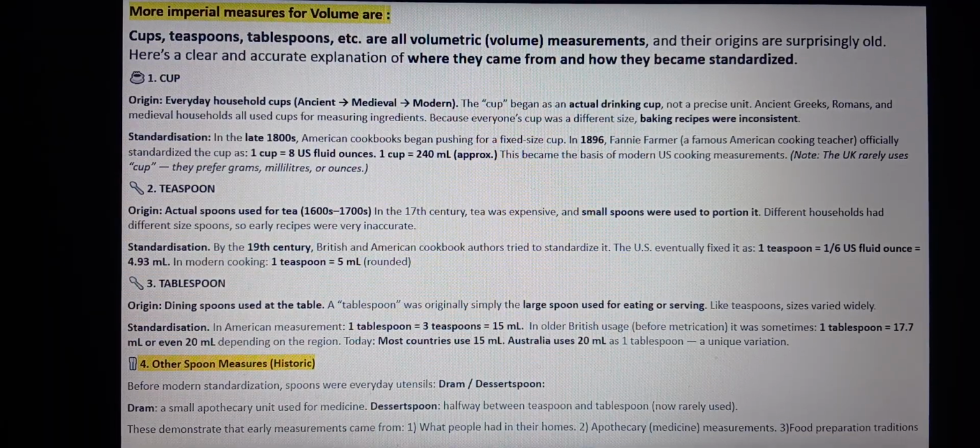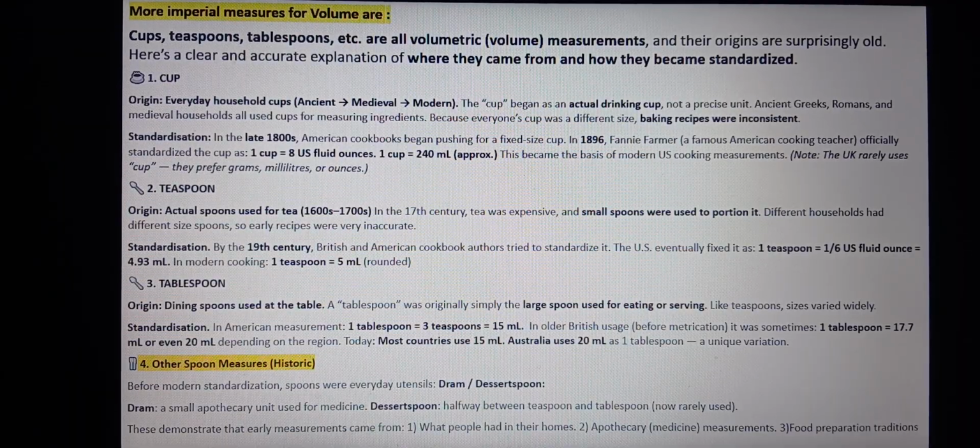Different households had different size spoons, so early recipes were very inaccurate. By the 19th century, British and American cookbook authors tried to standardize it. The US eventually fixed it as 1 teaspoon equal to 1/6 of a US fluid ounce, which is 4.93 milliliters. In modern cooking, 1 teaspoon is equal to 5 milliliters. That's rounded off.